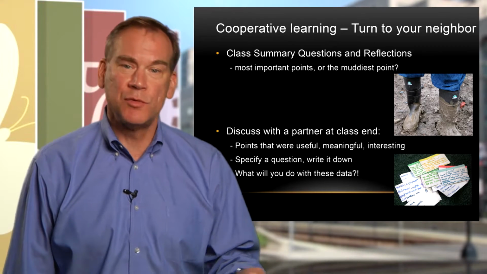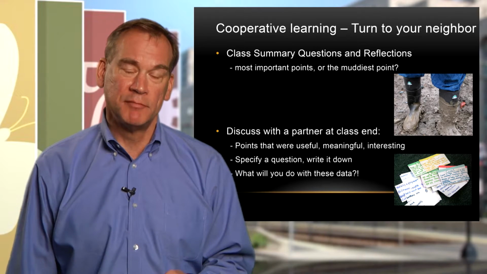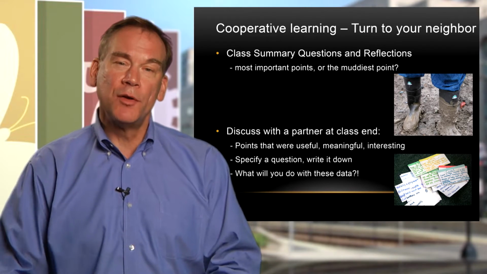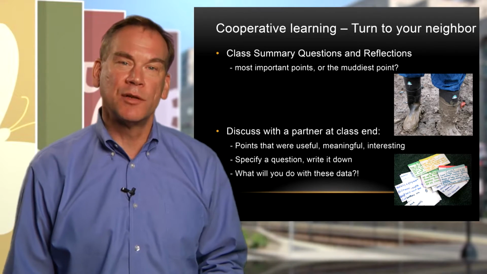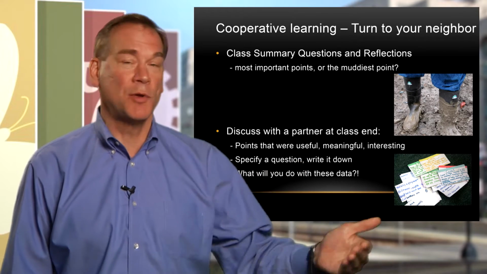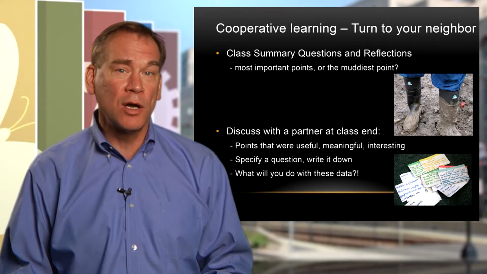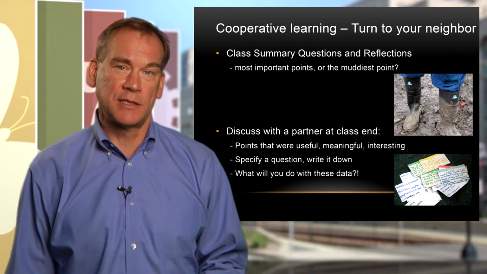What questions do you have, or what was the muddiest point? Have them talk in a group of 2 or 3, fill out a small note card, and drop it on your desk on the way out. Now, of course, you have to be responsive to that, to look at some of them, and either respond online in a blog or bring it up at the beginning of the next class.